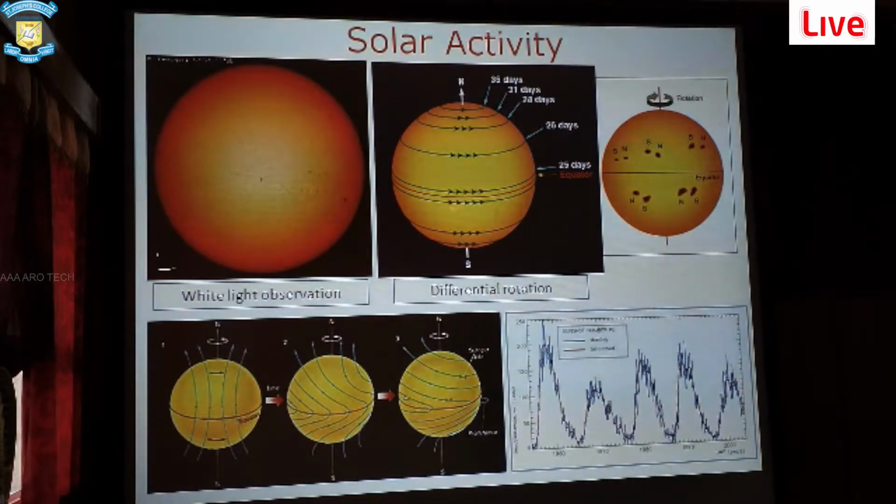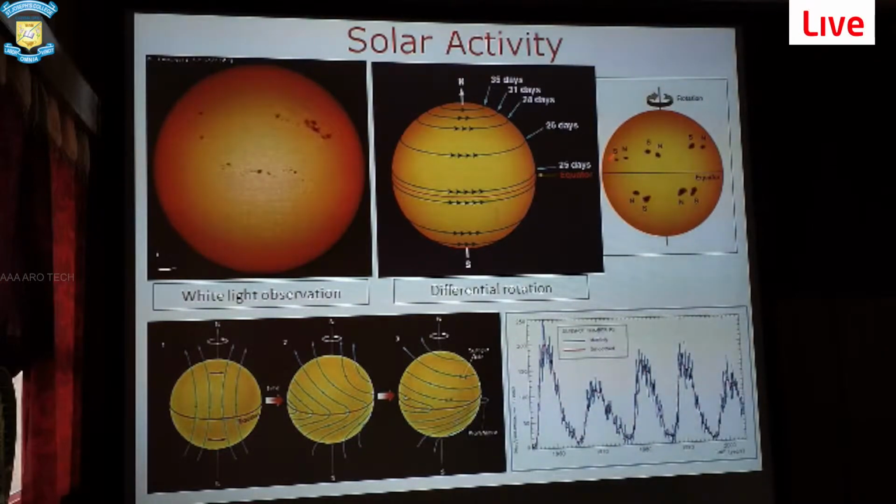Compared with the poles, the equator is rotating very fast. So suppose one sunspot is created here. Then what will happen at the time of rotation? It will move towards the equator. It will migrate from higher latitude to lower latitude. So the equator is rotating very fast compared with the polar region. This rotation is called differential rotation.